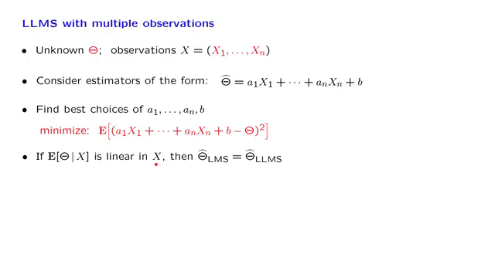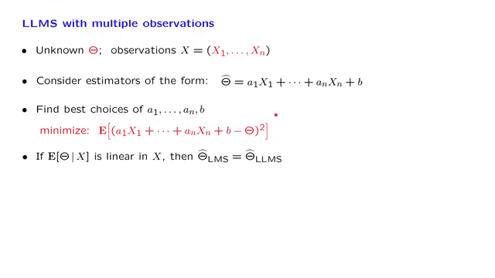If it is also linear, then it is the best estimator within the class of linear estimators as well. And therefore, the linear least mean squares estimator is the same as the general least mean squares estimator. So if for some problems it turns out that this is linear, then we automatically also have the optimal linear estimator. And this is going to be the case once more for certain normal problems with a linear structure of the type that we have studied earlier.